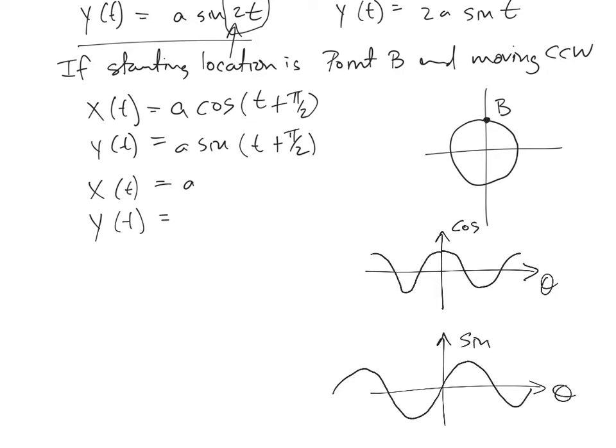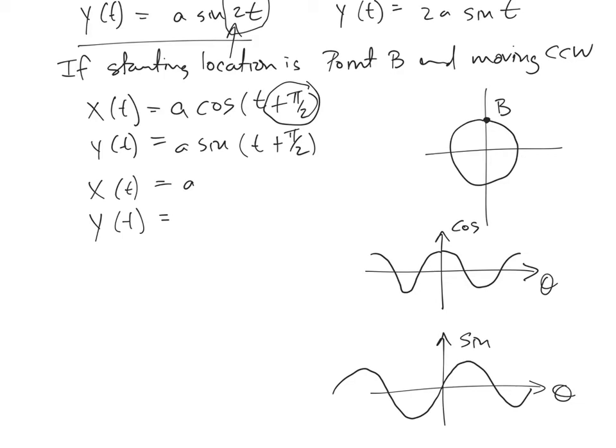I use my right hand, and I push it pi by 2, because I've got a plus pi by 2 here. Okay? So plus means use my right hand, because that's on the positive side of the theta axis, and use it to push that cos curve by pi by 2.